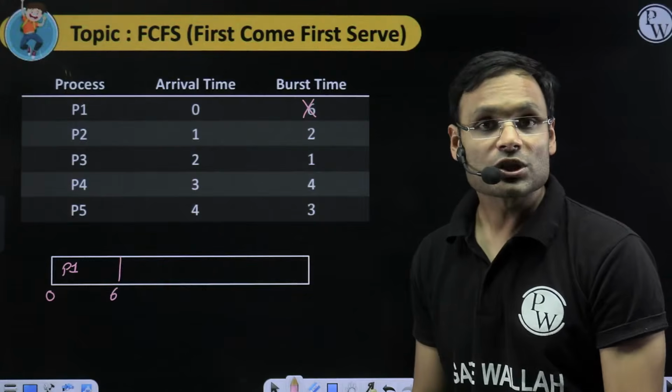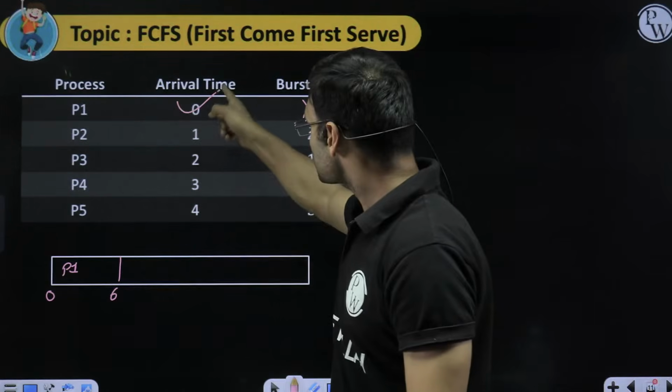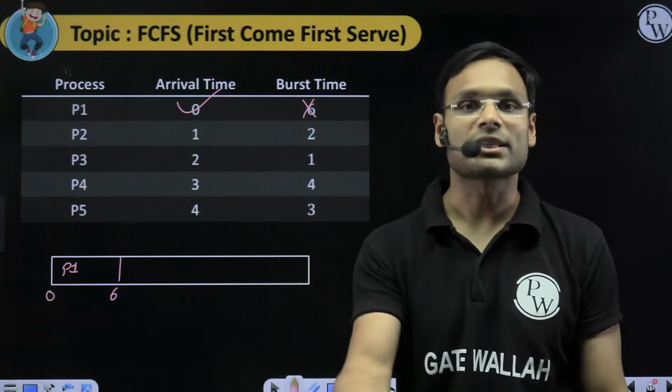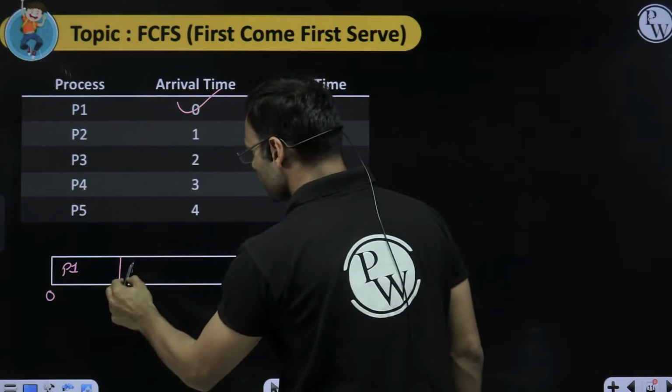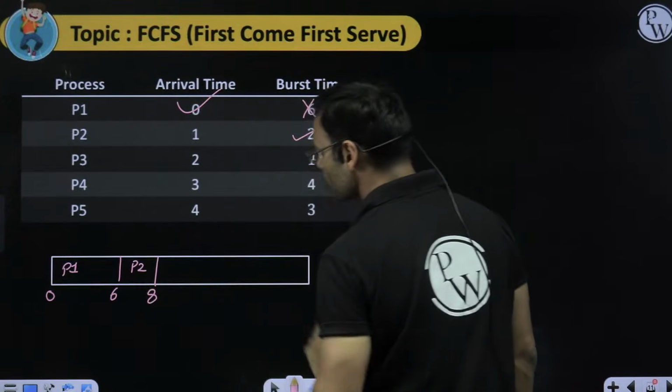Now, which process will run next as per the arrival time? This is gone. Among remaining processes, which one will run next? As per the minimum arrival time, P2 will run next for 2 time units, till 6 plus 2, 8.